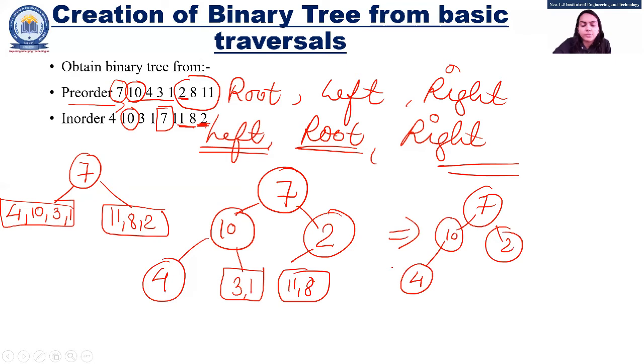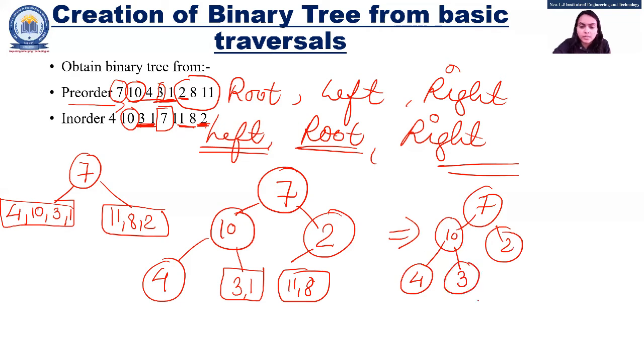Right now we have 3 and 1. So if we identify 3 and 1 here, we will see that it is written as 3 and 1 only. So if this is written as 3 and 1, among 3 and 1, 3 is the first element. So 3 would be the root and 1 is at the right of 3.